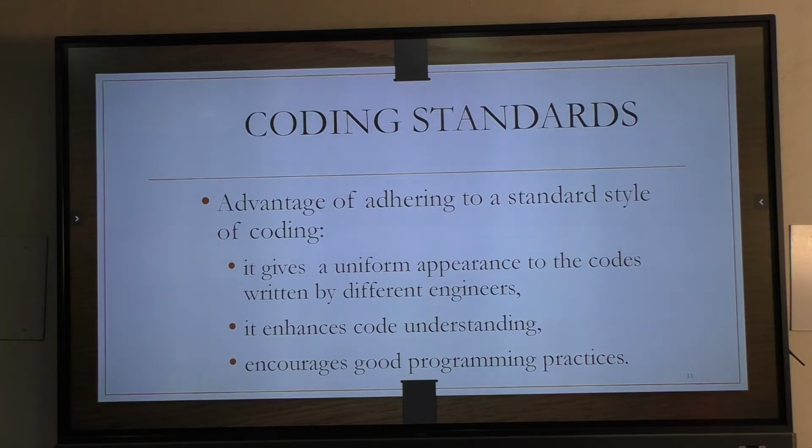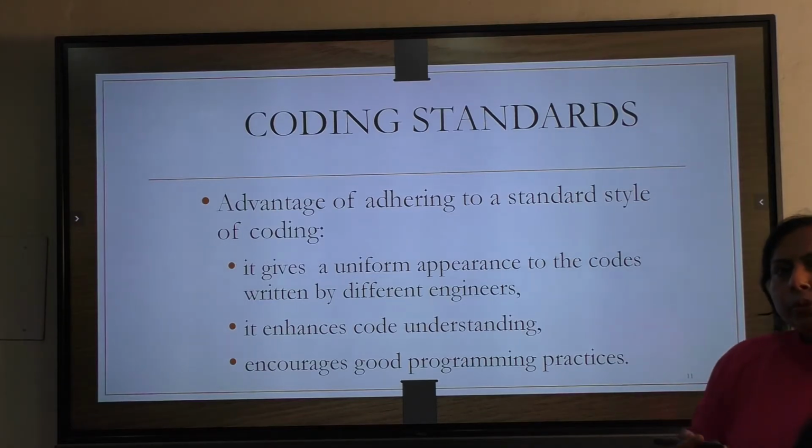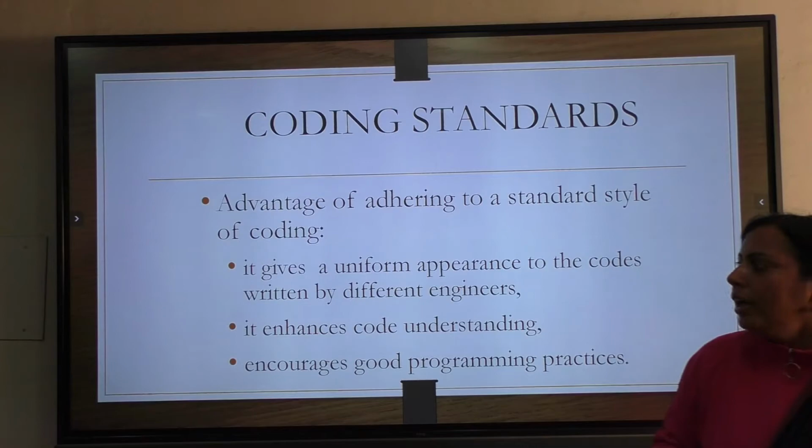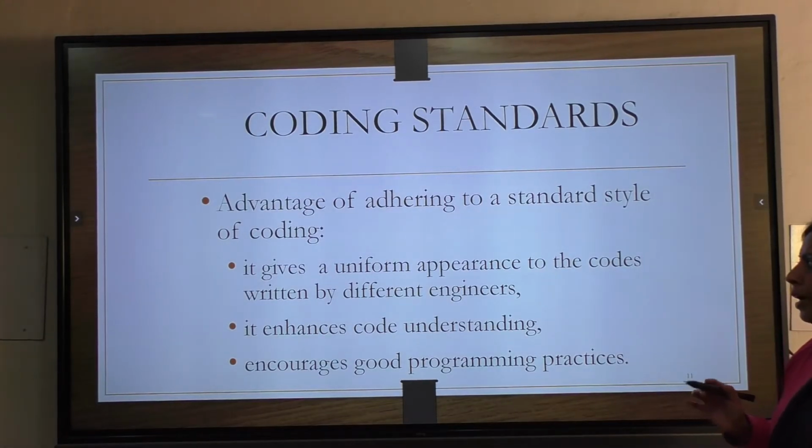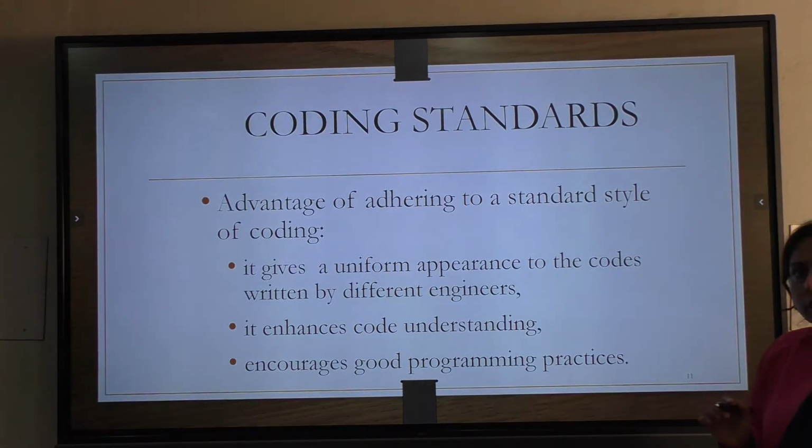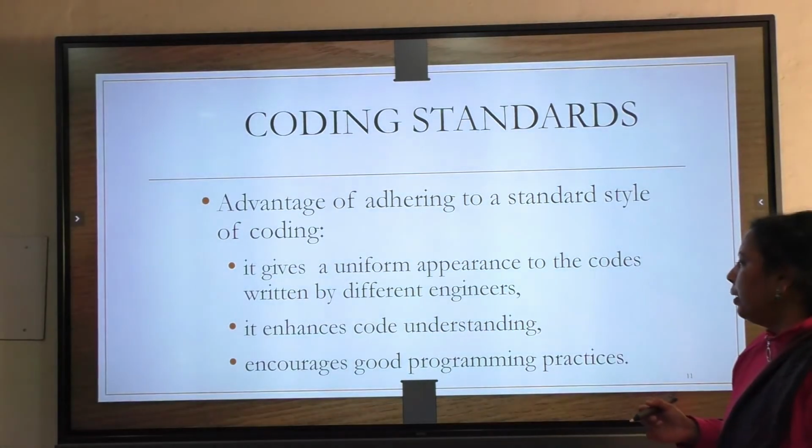Advantage of adhering to a standard style of coding: it gives a uniform appearance to the code written by different engineers. Different engineers may write programs in their own style, and to maintain a uniform appearance, they should follow the rules. That is known as coding standard, and it enhances code understanding and encourages good programming practice.